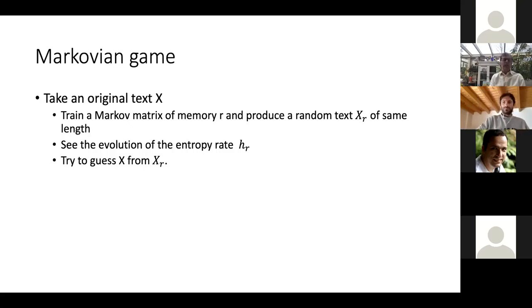The game here will be to see the evolution of the entropy rate from memory R equals 0 to memory 3, 4, 6. And also, the funniest part, to try to guess X from XR. Now, I try.